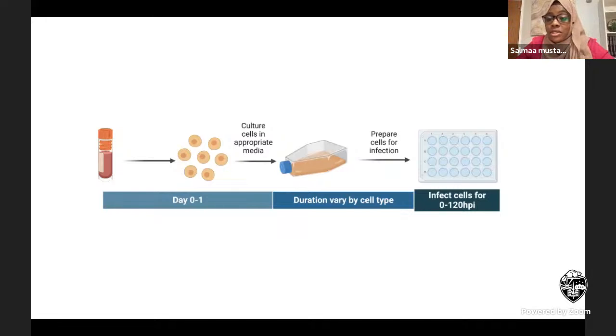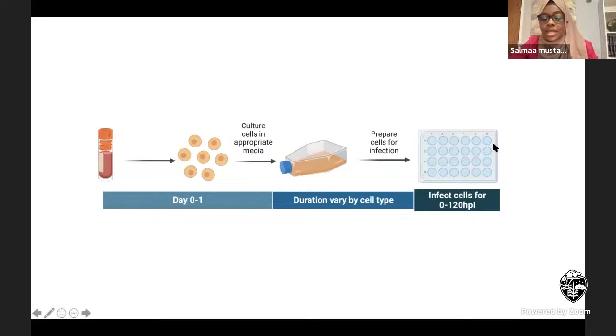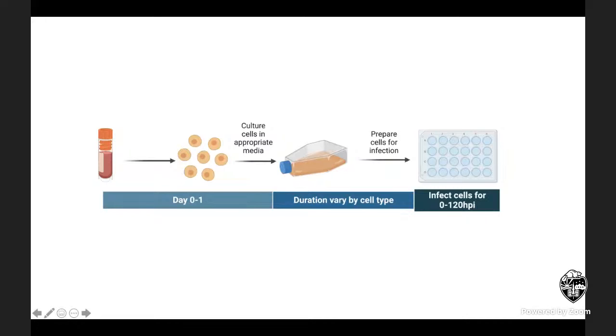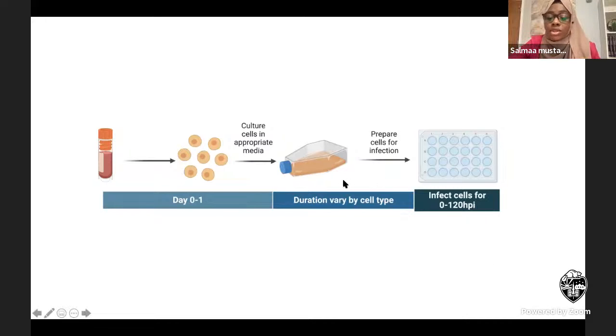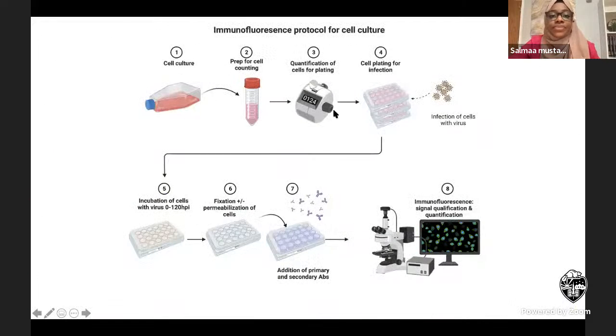They have different shapes, they have different media, they have different timing that they need to grow to their maximum. So what you need to do first is plate them without infection or anything, and just count them.